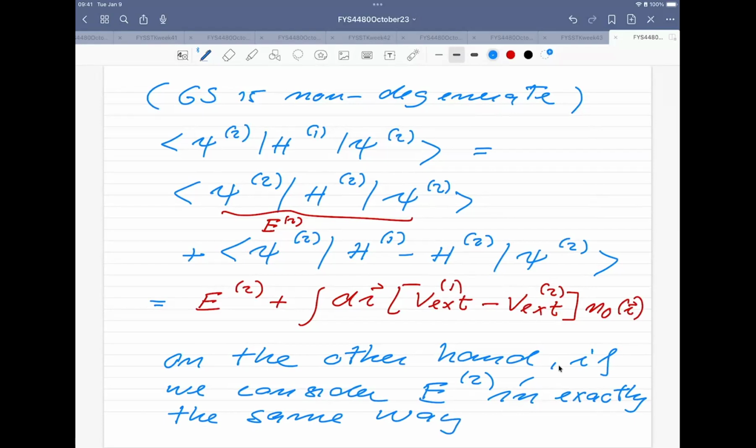Then we find the same equation, but with the superscripts interchanged. I'm going to put some labels on this. I'm just going to call this one asterisk 1. And then I'm going to have the next equation.